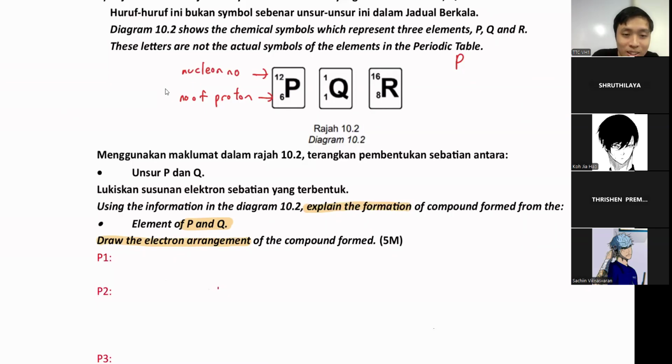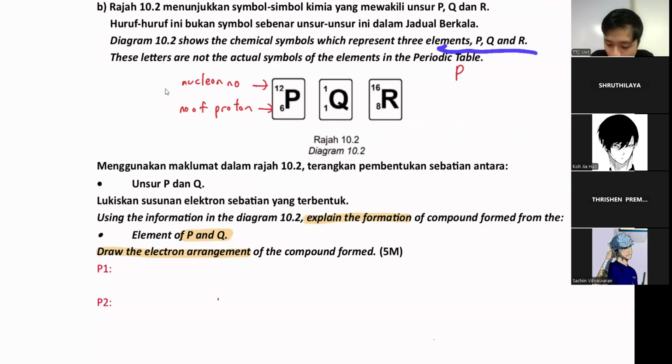So then what is the electron arrangement? Because they tell you all these are atoms. When they give you this, it means they're talking about atoms. So for atoms, that's why we say number of protons equals number of electrons. So what is the electron arrangement for P?